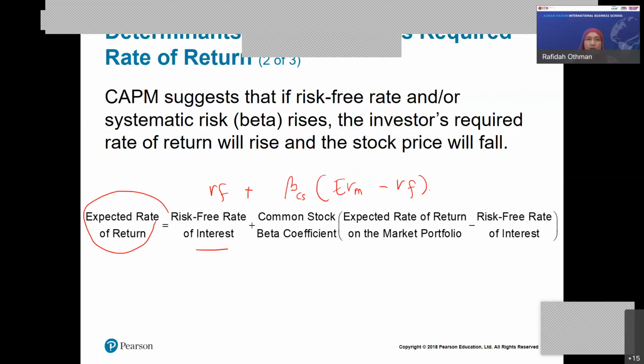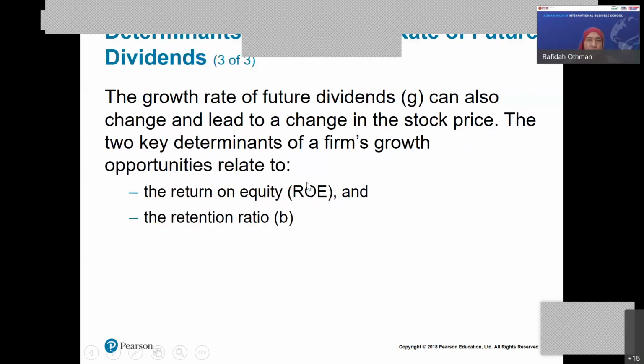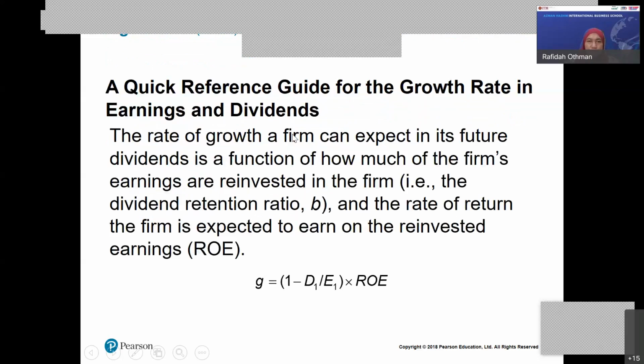This is the formula, and this is the growth. The formula for growth: G equals ROE times B, where B is 1 minus the dividend payout ratio, dividend per earning.